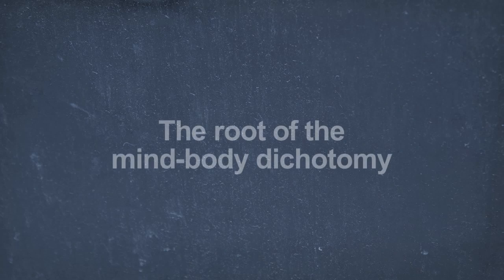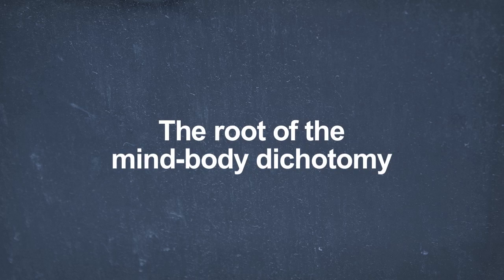The other thing I want to point out to you is on page 39. This, I think, is a helpful new point. This is new to me. And that is the deepest metaphysical root of the mind-body dichotomy.